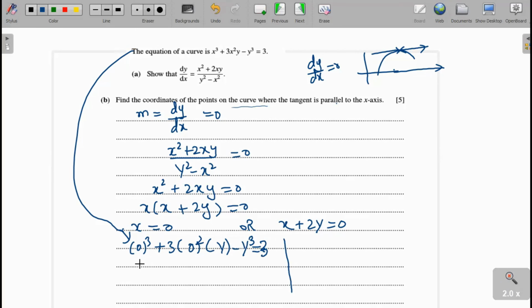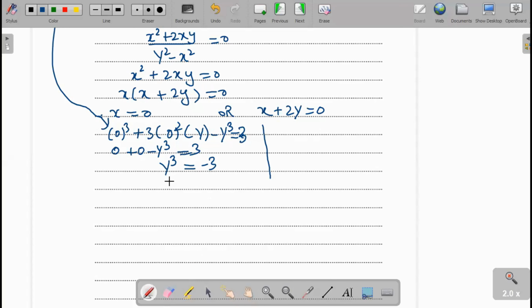So 0 plus 0 minus y cubed equals 2, and this y cubed will be equal to minus 2.